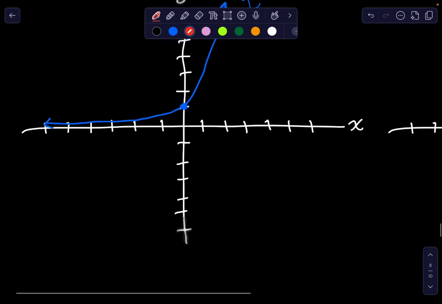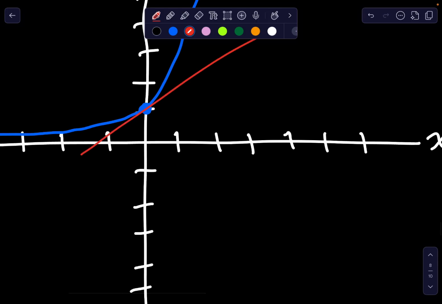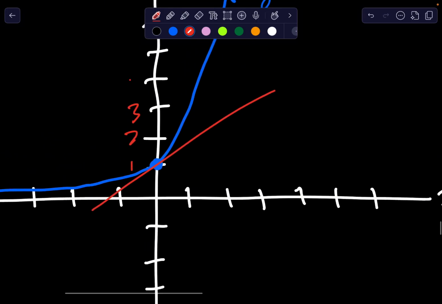All right, so let's take a look at x equals 0. If we were to estimate the slope, let's say this is 1, 2, 3, 4, just a normal scale. To estimate this, we're on 1, rise 1. That means our slope, if we're between these 2 points, at this point, the line tangent to x equals 0, the slope is about 1.